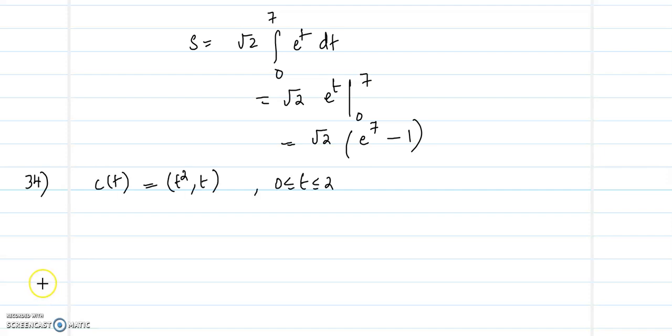Next problem, we need to compute the surface area of the cone generated by revolving c of t equal to (t², t), 0 ≤ t ≤ 2.